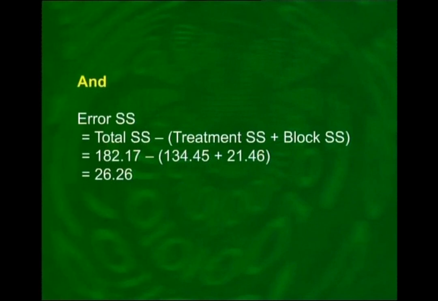Substituting the various values that we just obtained, the error sum of squares comes out to be 26.26. Students, you will remember that in the last lecture, when we did the completely randomized design example, we carried out elaborate calculations like we just saw for this example.